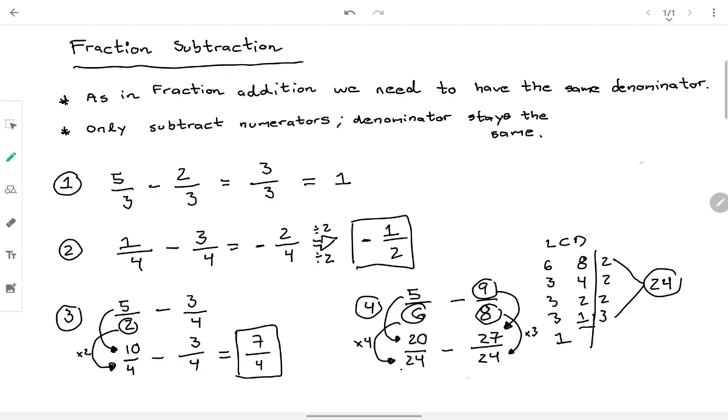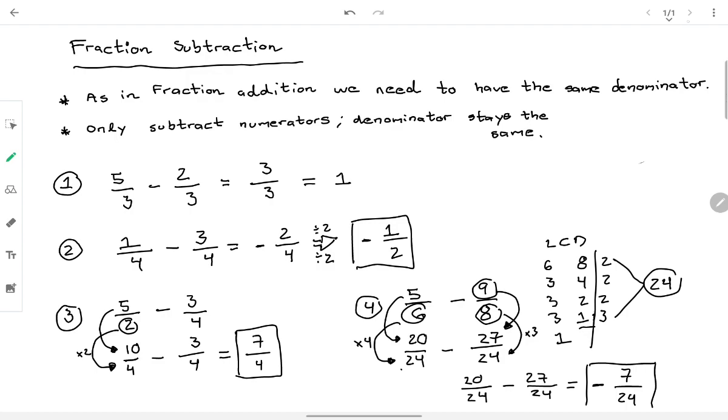So for our final answer, I will copy the exercise here: 20 over 24 minus 27 over 24. So we will have as a final answer a negative 7 over 24. Then we need to see if the fraction is simplifiable. In this case, it's not simplifiable because 7 is a prime number and 24 is not divisible by 7. So this is going to be our final answer.